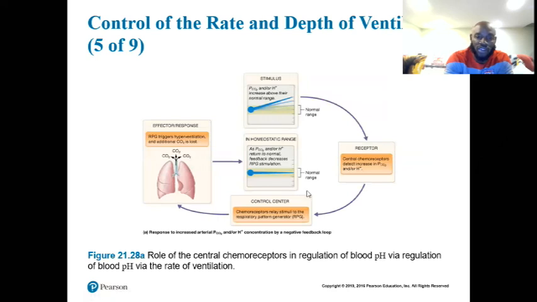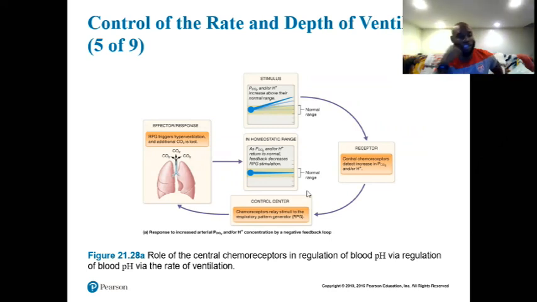And this is just a diagram showing you that negative feedback pathway. All right, so basically we measure the CO2 and the hydrogen ion concentration in our blood. These chemoreceptors can measure that and increase or decrease our breathing appropriately.